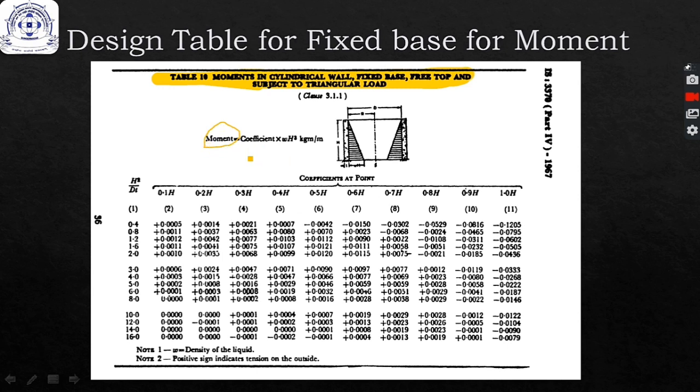So here bending moment will be coefficient into gamma w into h cube. Similarly, for h square by dt, you get the maximum value of bending moment coefficient and you multiply that with the coefficient. Sorry, this is not the maximum value.